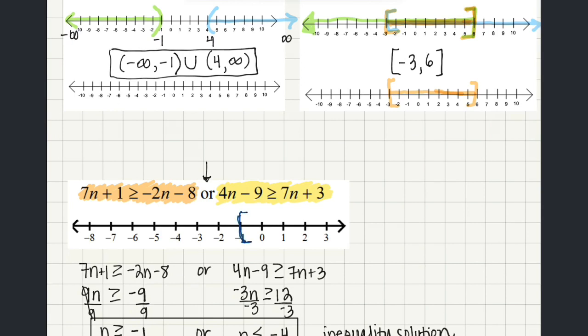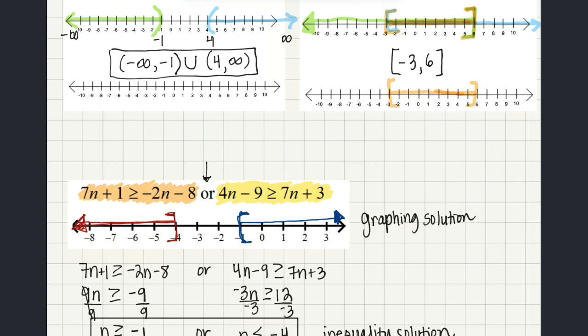That's a closed interval, so I have a bracket, greater than or equal to negative 1. And then the other solution is n is less than or equal to negative 4. That is also a closed interval. This is my graphing solution.